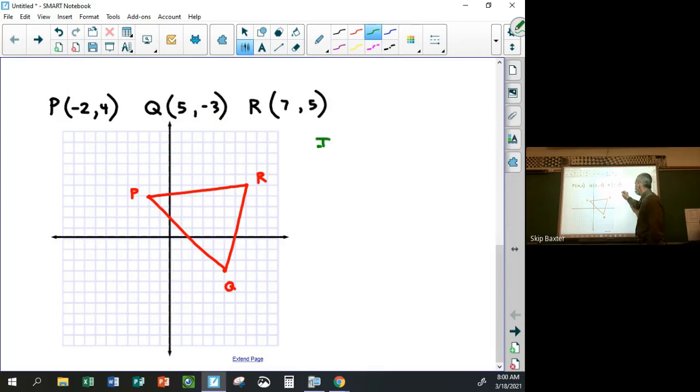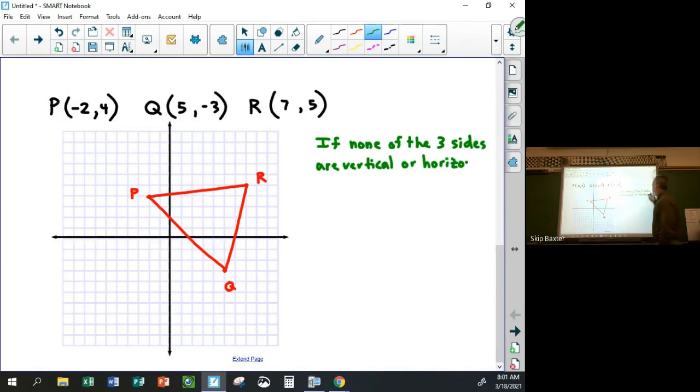If none of the three sides are vertical or horizontal, you just enclose the triangle in a rectangle, and subtract the area you don't want.